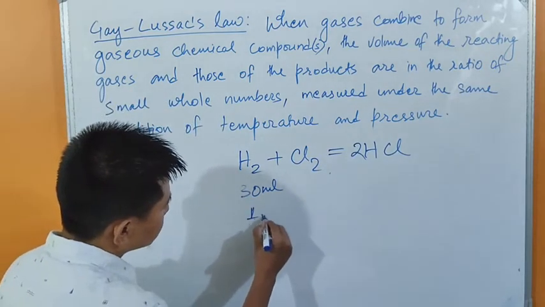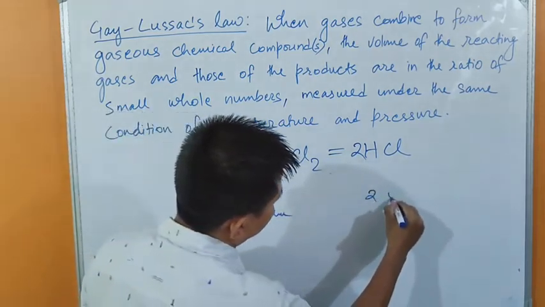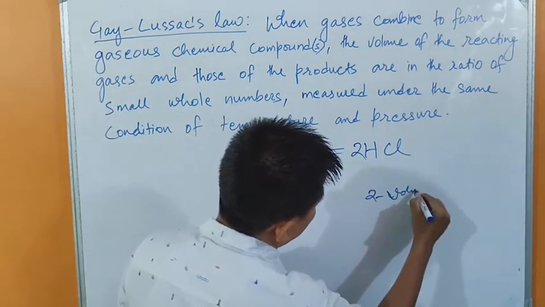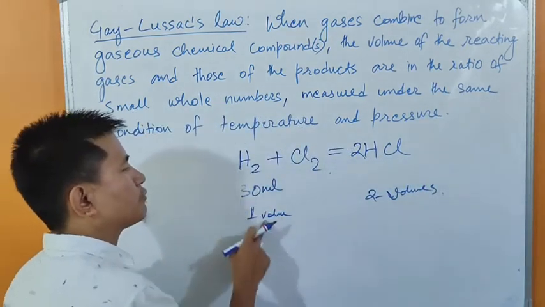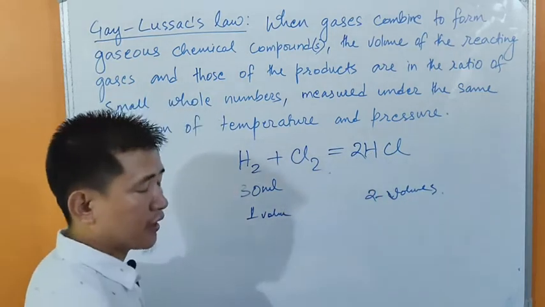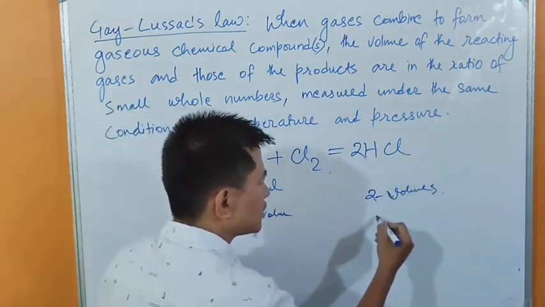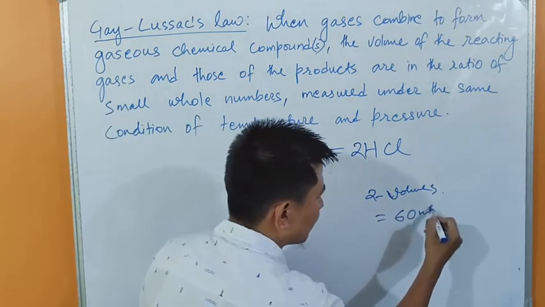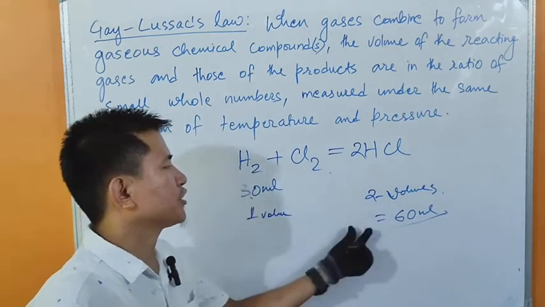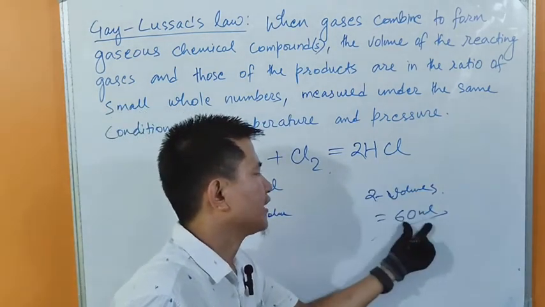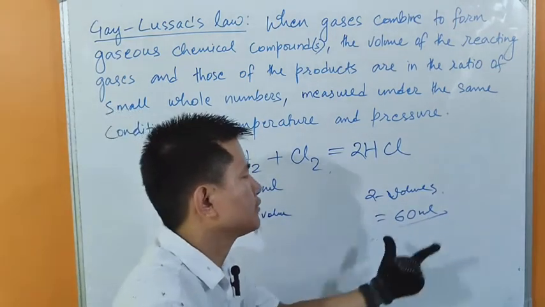Since one volume of hydrogen produces two volumes of HCl gas, 30 ml will produce how much? 60 ml, isn't it? That means 30 ml of hydrogen gas produces two times, that is 60 ml.